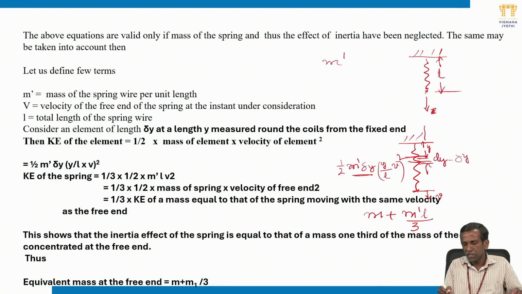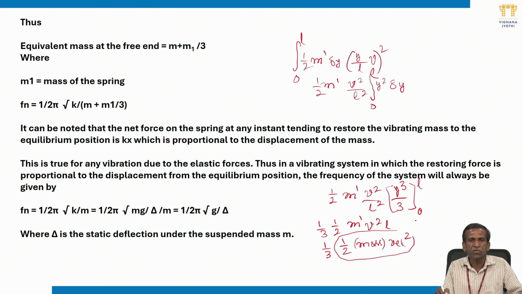This is the equivalent mass you need to consider attached at the end of the spring. m is the mass attached, and m dash L by 3 is 1/3 of the mass of the spring that you need to consider at the free end, included along with the mass attached. So this is the effect of 1/3 of the mass of the spring. In the same way, you need to use this in the relations.